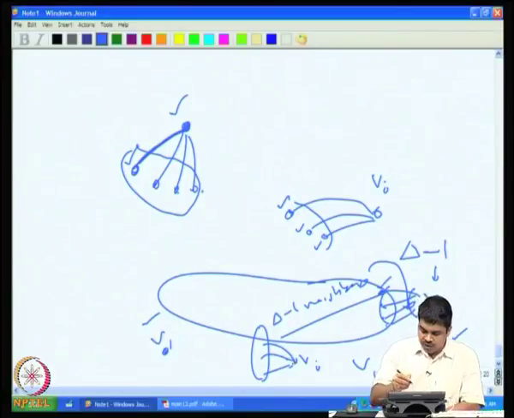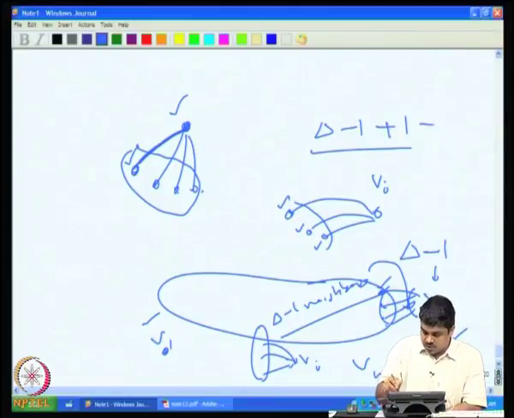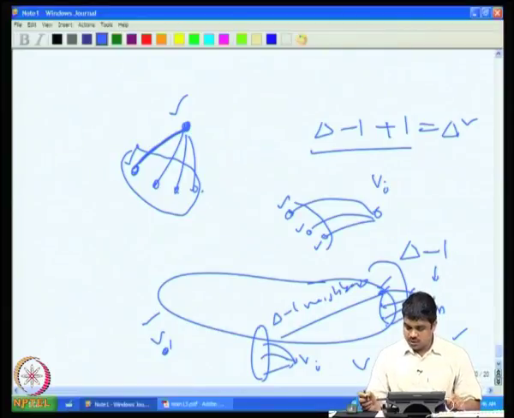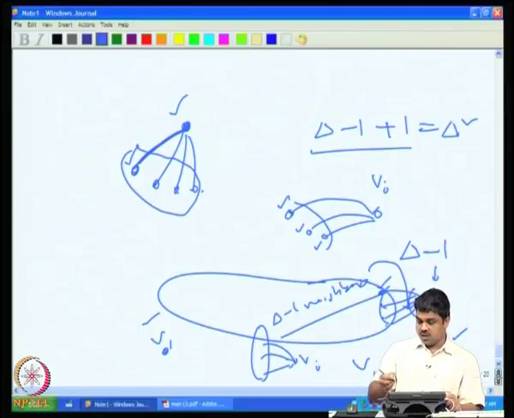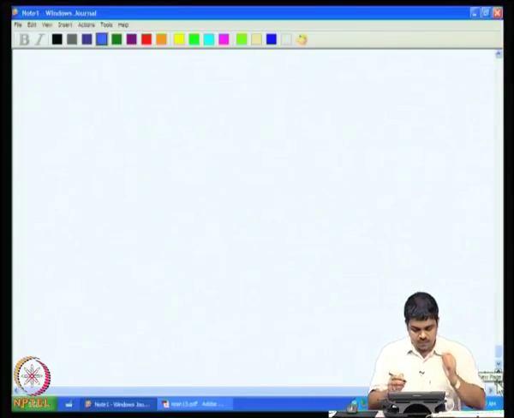So, therefore, we need only delta minus 1 plus 1 color, which is equal to delta colors. So, this was possible because we assumed that there was a vertex of degree delta minus 1 or less in the graph. That is why we could do that, right.